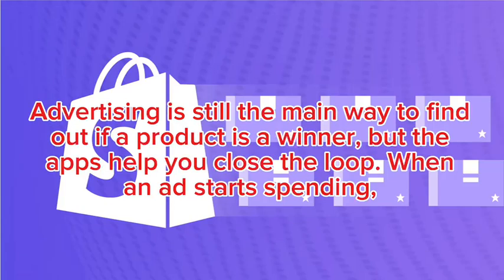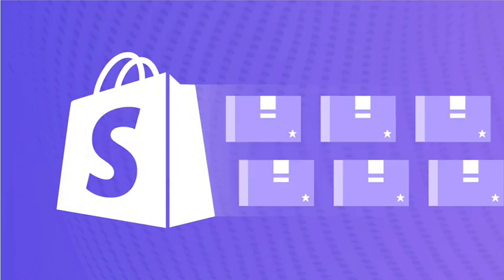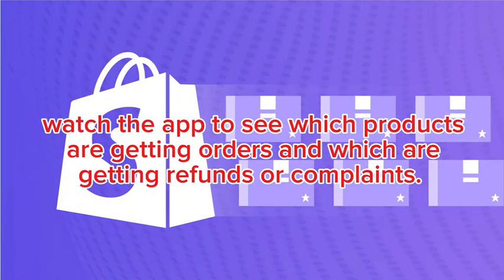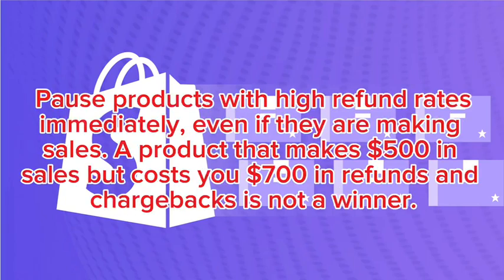Advertising is still the main way to find out if a product is a winner, but the apps help you close the loop. When an ad starts spending, watch the app to see which products are getting orders and which are getting refunds or complaints. Pause products with high refund rates immediately, even if they are making sales.